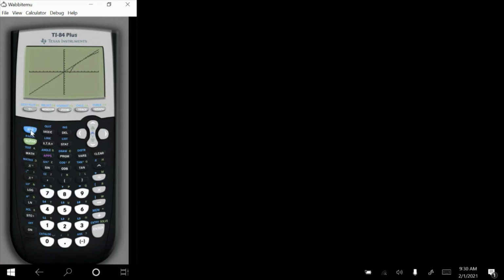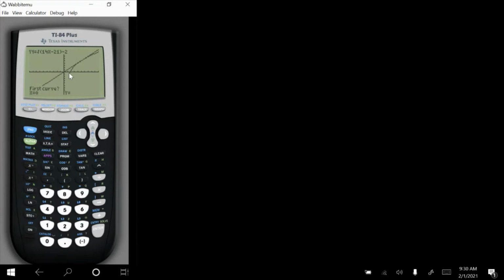So let's use the intersect feature by pressing second trace, and intersect is going to be option 5. I don't see my blinking cursor, but if you look at the bottom of your screen, it is saying that we're at x equals 0, and at the top it's saying we're at x equals 0 on the first graph, which the graph actually doesn't start with.